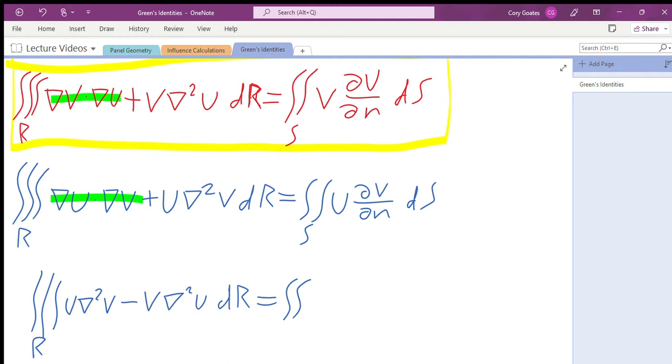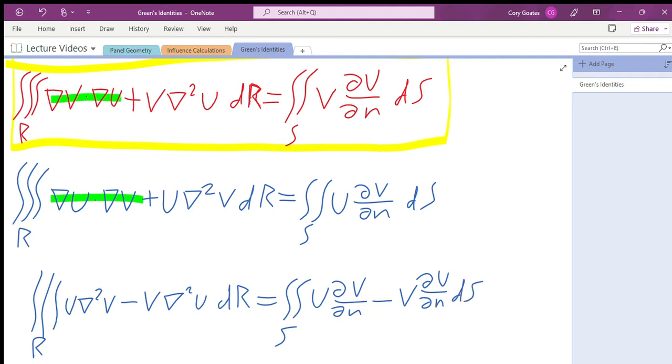Moving on to the surface integral, doing bottom minus the top: u partial v partial n minus v partial u partial n dS.